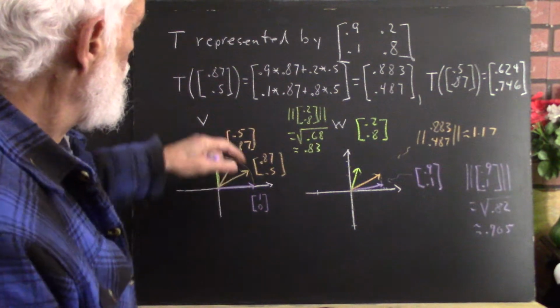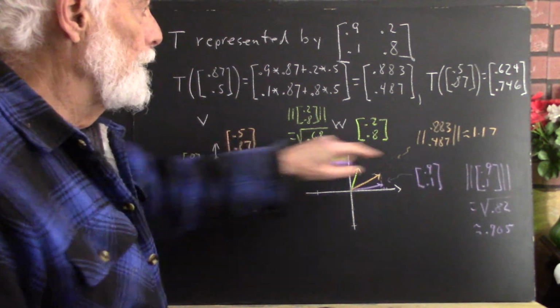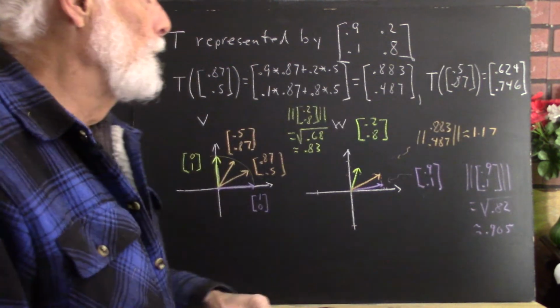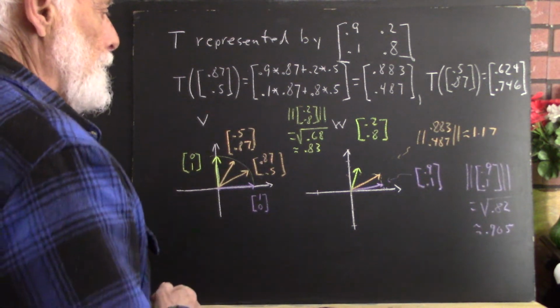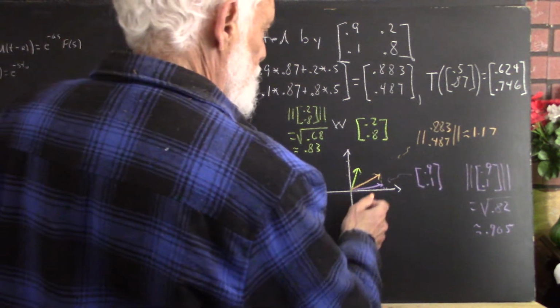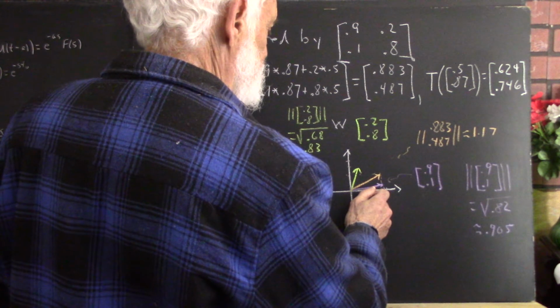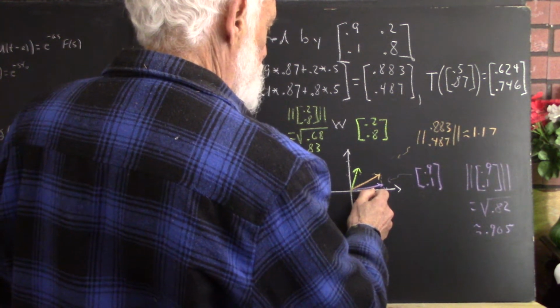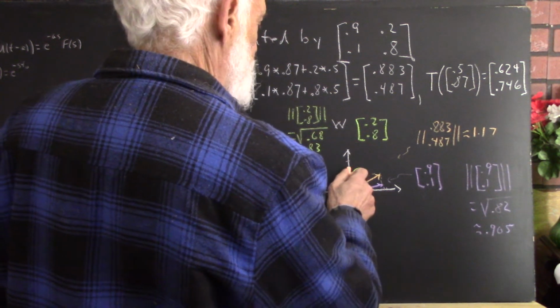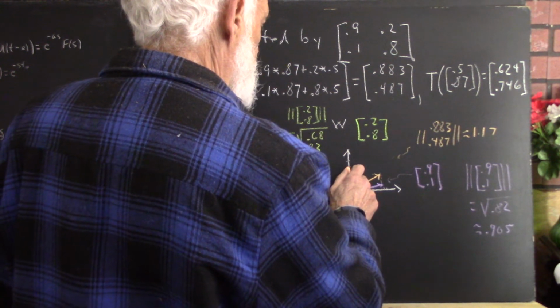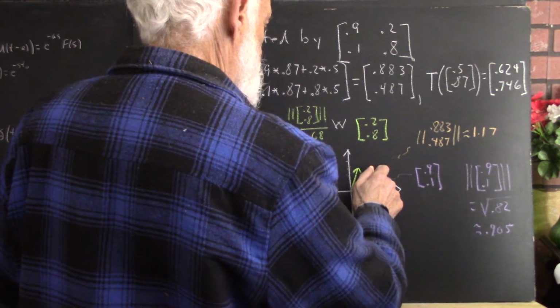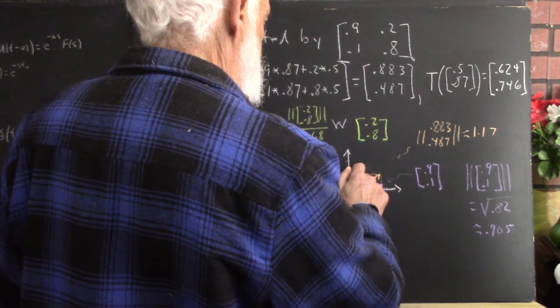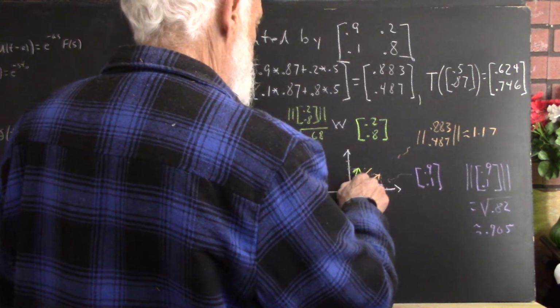The image of the 0.5, 0.87 vector is 0.624, 0.746. Okay, well, 0.6 is out here a little more than 1/2, and 0.746 is somewhat more than that, so we get a vector that comes out maybe to here.